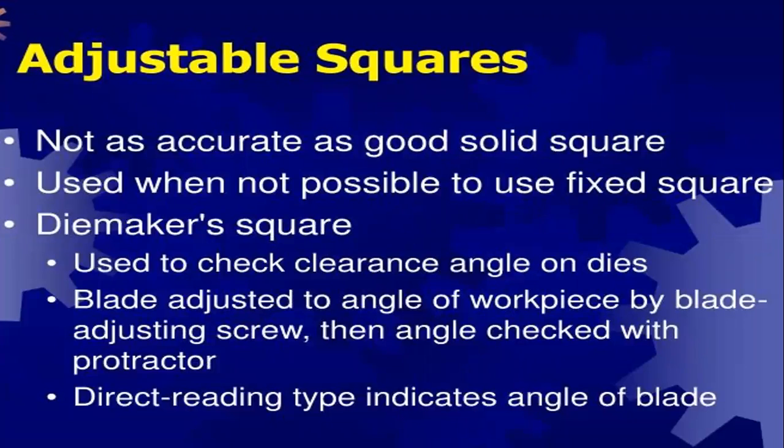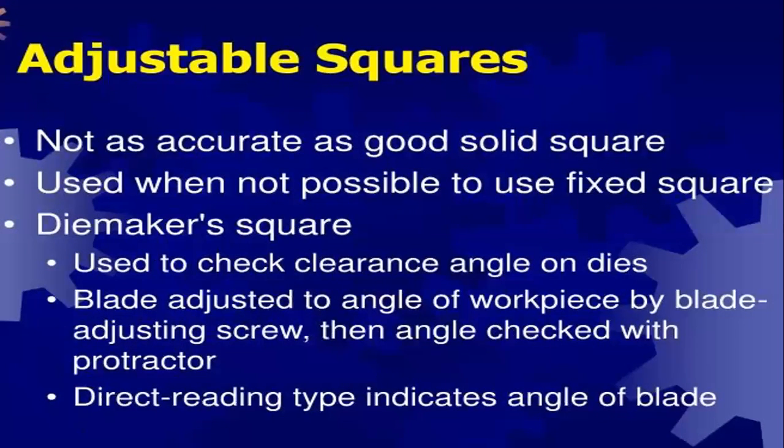Next one is the adjustable squares. These adjustable squares are not as accurate as the good solid squares, and these are used when it is not possible to fix the squares.